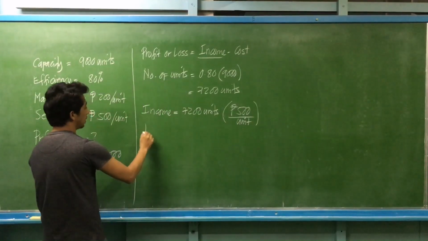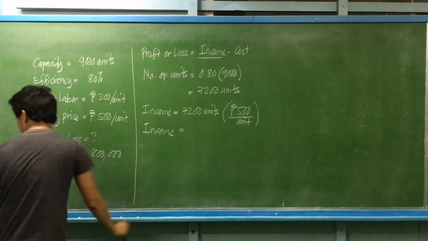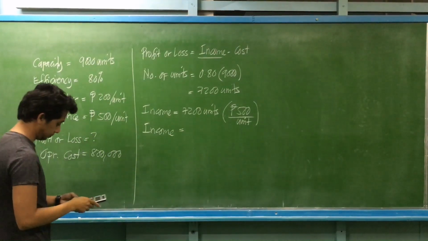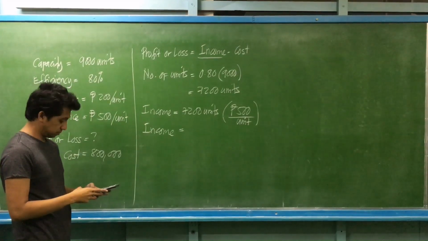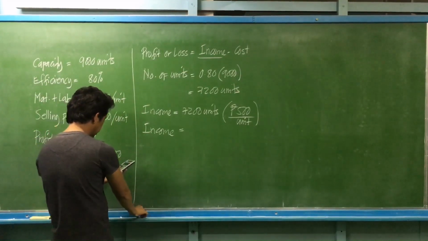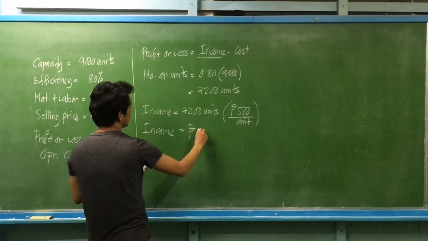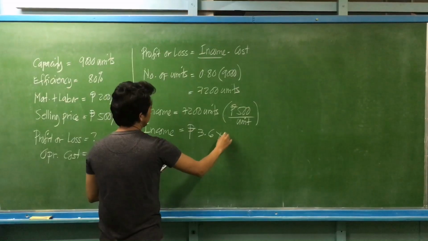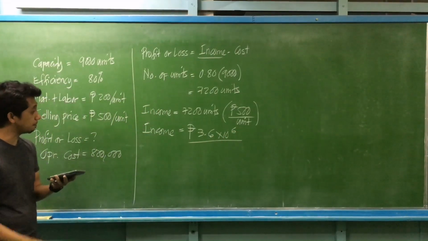So we have a total income equal to 3.6 million. Okay, yung kanyang total income.